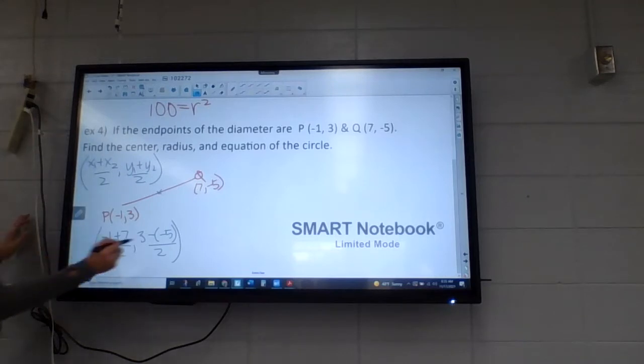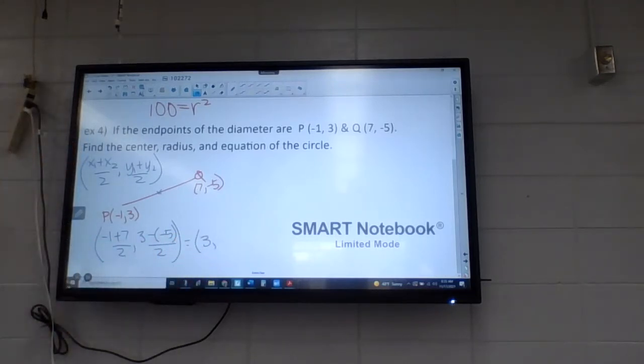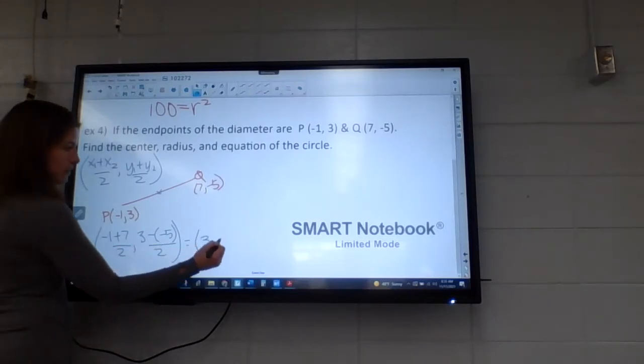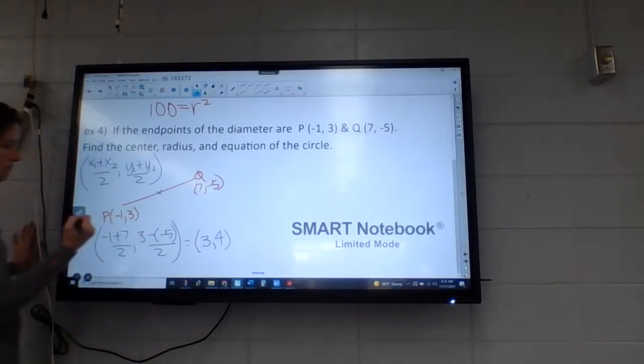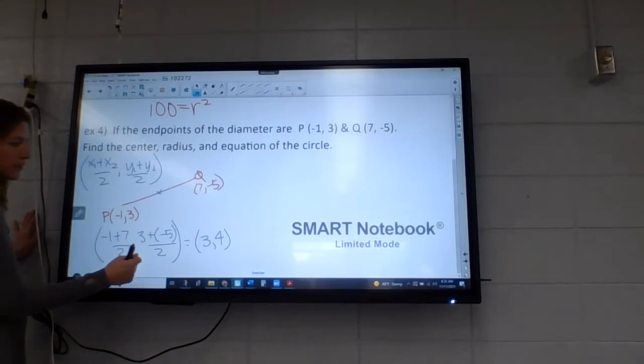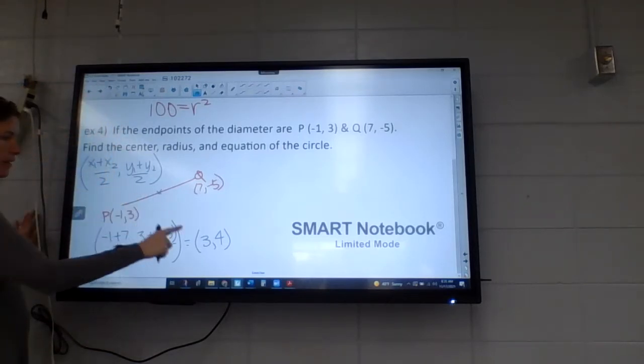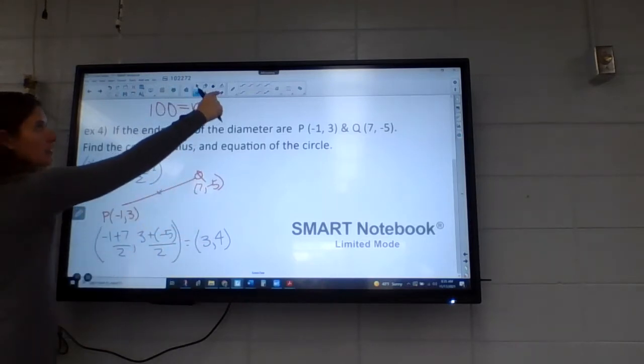And essentially you're taking the average of the points. 6 divided by 2, which is 3. And then I get 8 divided by 2, which is 4. That sound right? Oh no, I'm adding it, sorry, thank you. Thanks for catching that. I was thinking distance, so that part's okay, but this one's not.